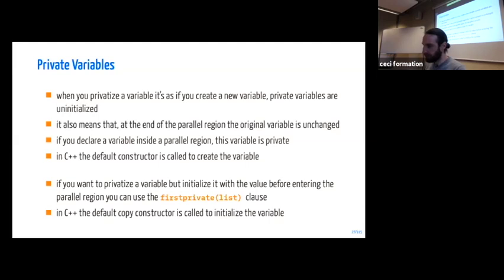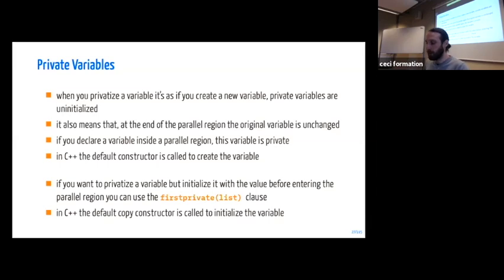If you declare variables inside of a parallel region, this means that this variable is private. And in C++, to create the variables, the default constructor is called. If you want to privatize the variables but keep the initial value, the value outside of your parallel region, then you can use the firstprivate clause, followed by a list of variables.